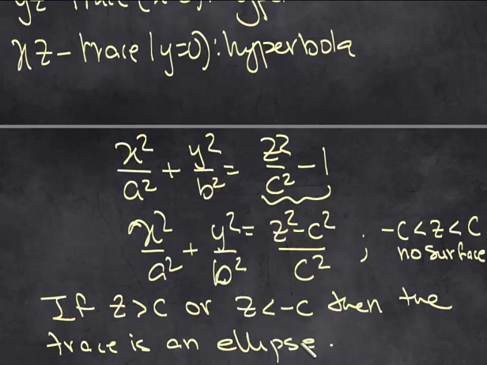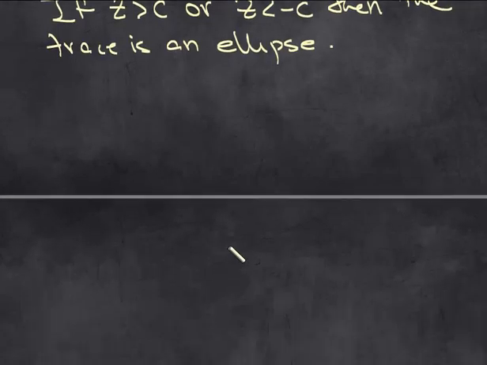So we do get some stuff in the z direction, except nothing in the middle between negative c and c, but everything else gives us something. So this looks something like this. Again, I'm going to try to do my best to draw it.